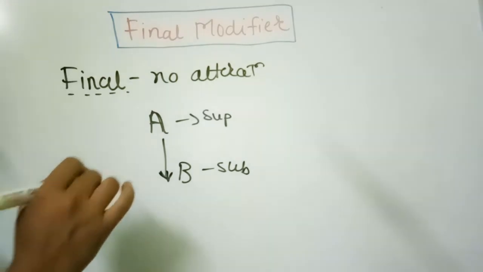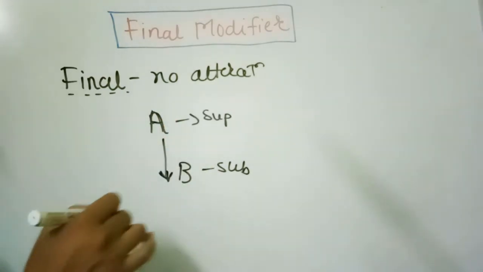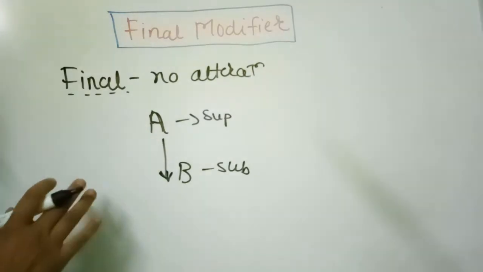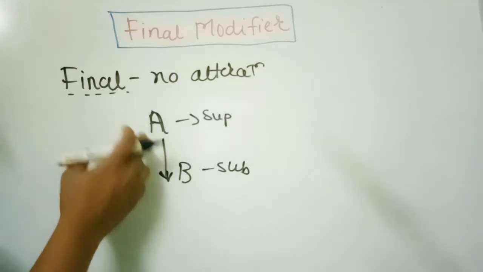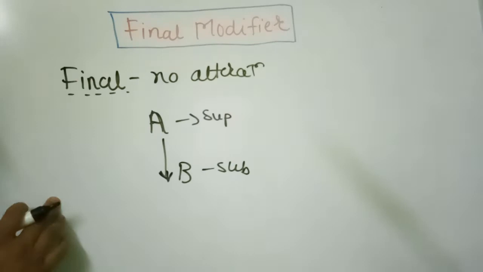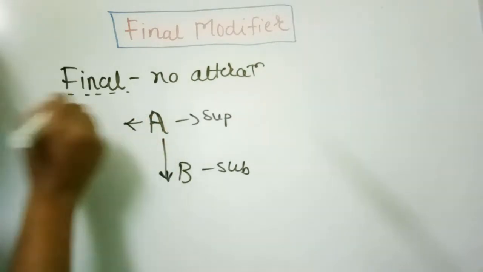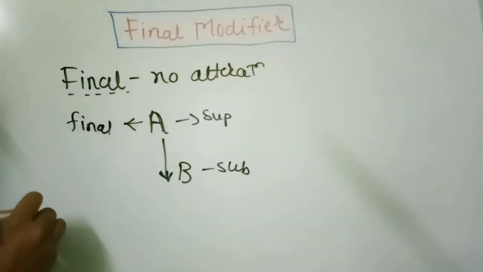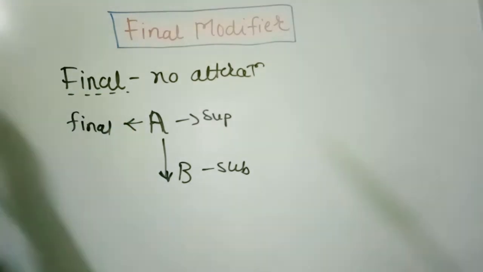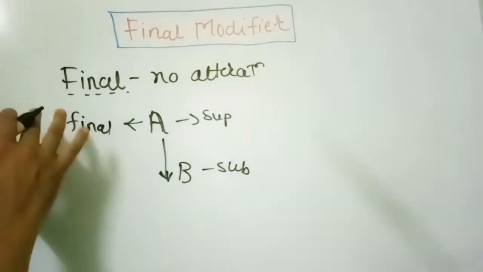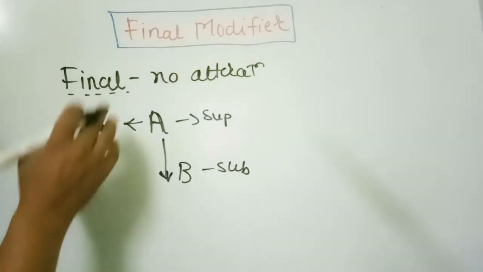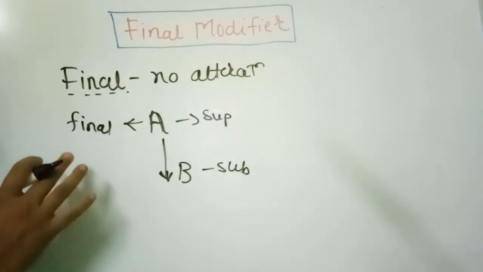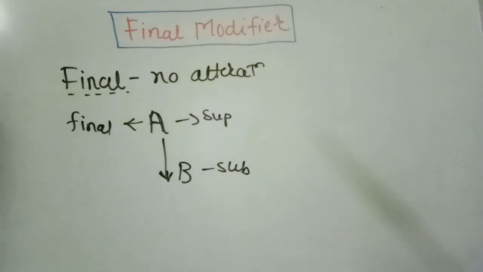But if class A doesn't want to share any data with B, or doesn't want its methods or variables to be overridden, then one solution is to use the final keyword before the variables or methods. When you apply final before any variable or a method, then it is final. It cannot be changed by anyone in the future.